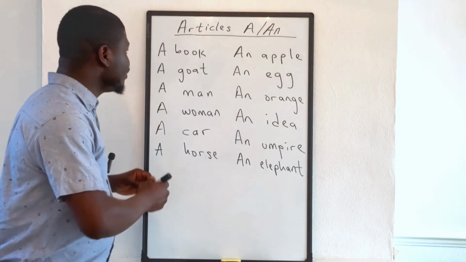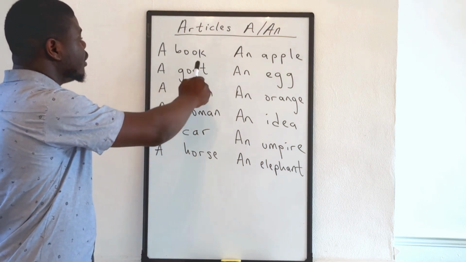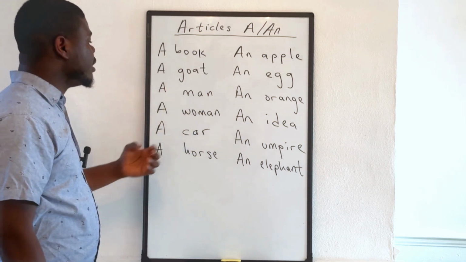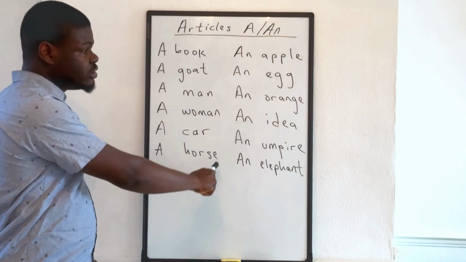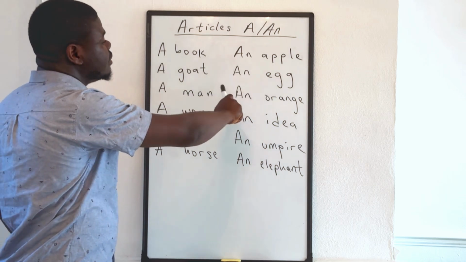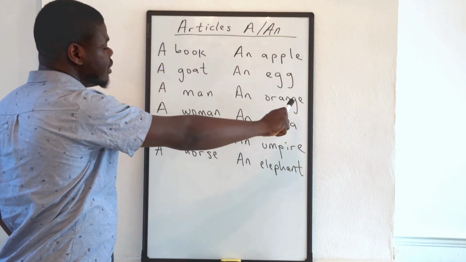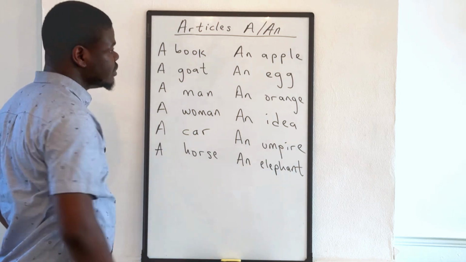So, as you can see, this is a book here. This is a goat. This is a man. This is a woman, a car, a horse. And this is an apple, an egg, an orange, an idea, an umpire, an elephant.